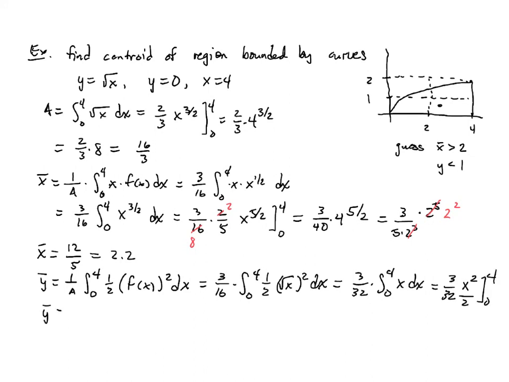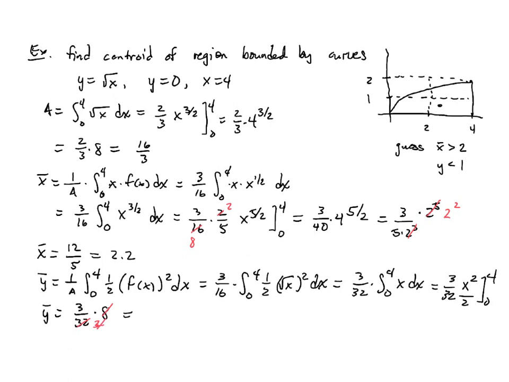And so that y bar coordinate is 3 over 32 times 4 squared, which is 16, over 2 is 8. And then we cancel a little bit. 8 cancels with 32 to leave a 4 in the denominator.